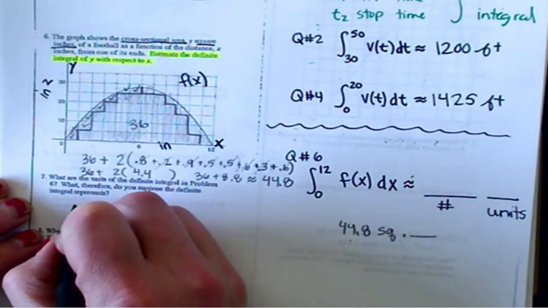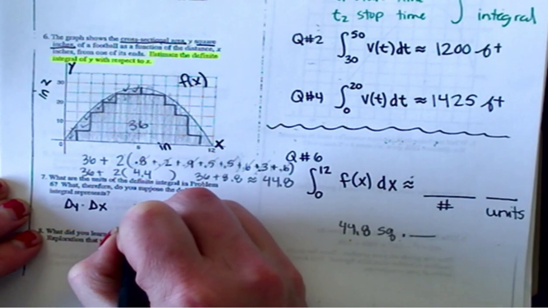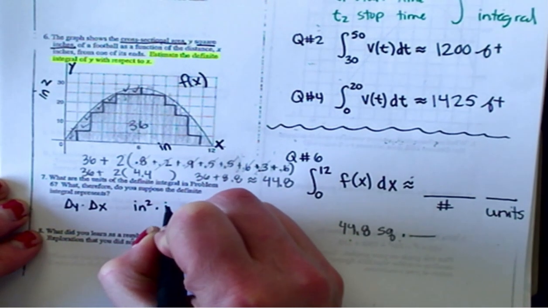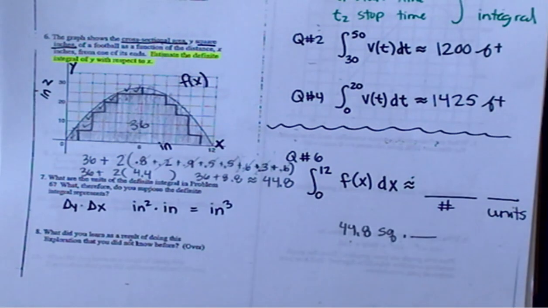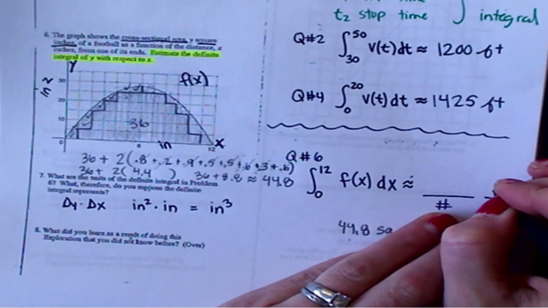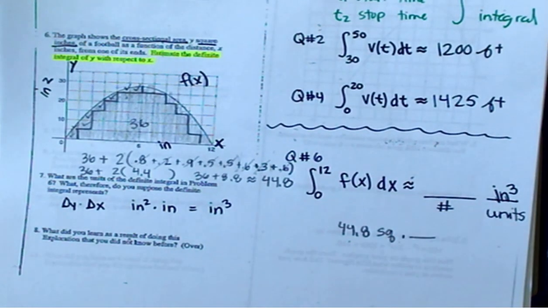What are the units? Change in y, change in x: inches squared times inches is inches cubed. All right, definite integral means multiply the units. I get inches cubed. What quantity has cubic inches?